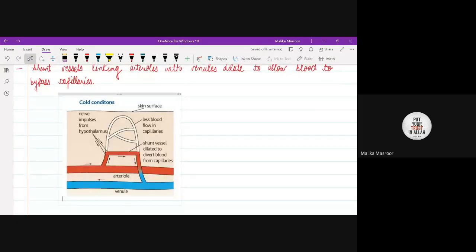Look, it looks like this. Look at this in cold conditions. This is a venule, this is an arteriole. The shunt vessel is dilated to divert the blood away from your capillary. It's not flowing near the surface of the skin, it's going away. I mean, it's bypassing it. Is this clear how this is happening?